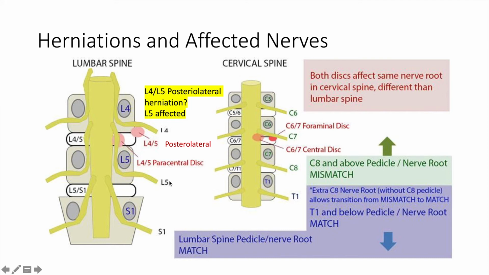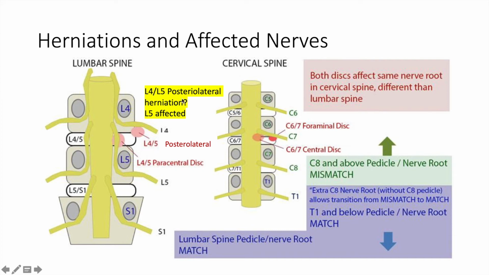So what does this mean? If I have a posterolateral herniation, which would be like right here, it's pushing back and a little bit laterally. L5 is going to be affected. If it's very lateral, then L4 would be affected.